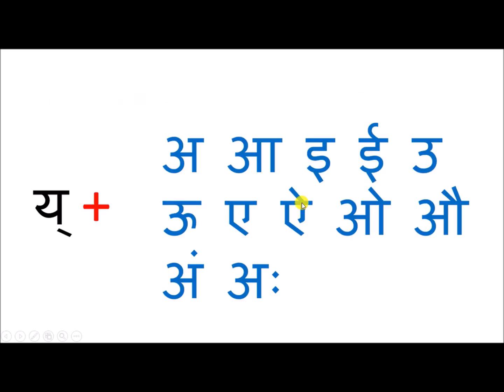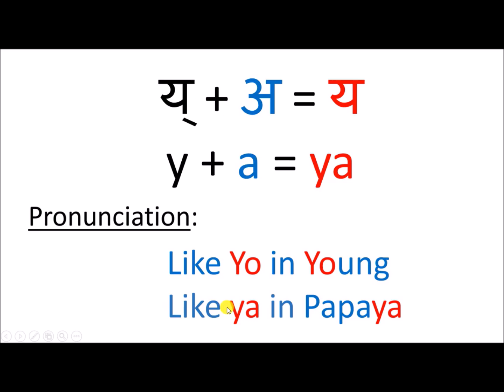And in this video, we will add this half consonant or root consonant to all these vowels and see what sounds we get. Alright, so let us start with the first sound or letter, if you want to call it that: ya. You get this sound ya when you add y to a.